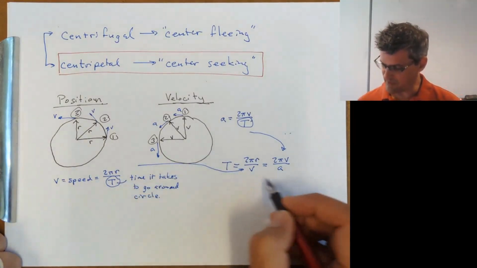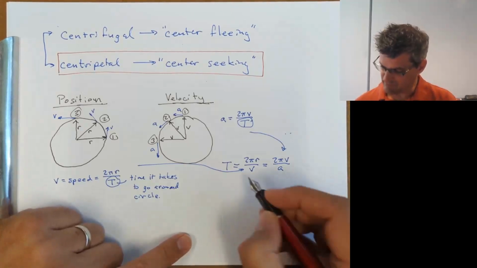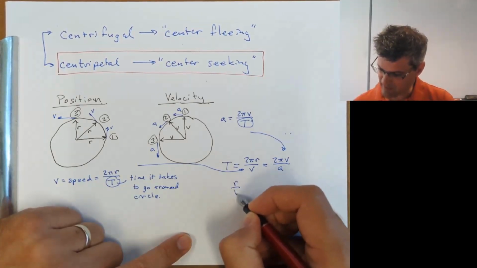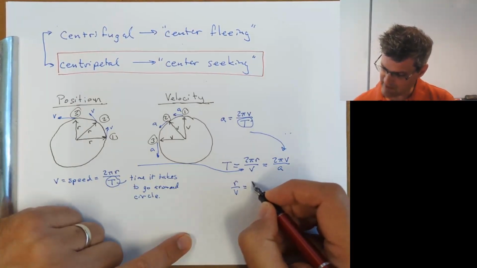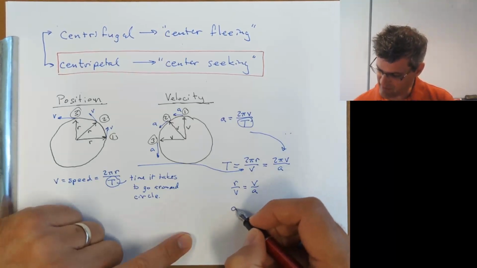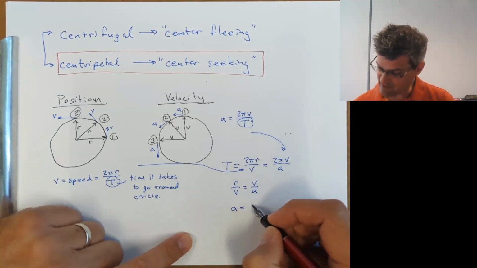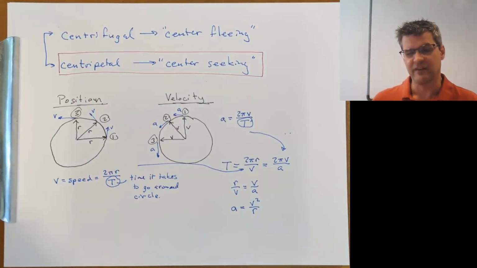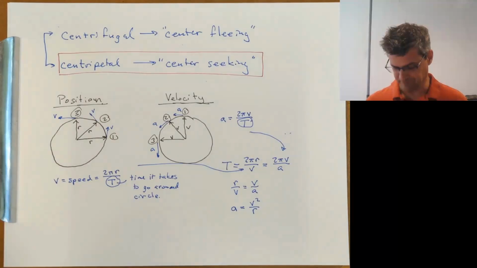And now, because these two things are equal, I see that r over v is equal to v over a. And rearranging terms, this center-seeking acceleration in magnitude is v squared over r.